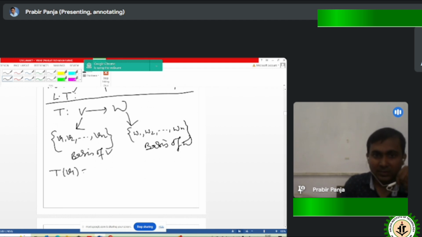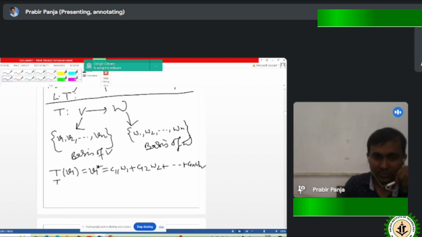Suppose this value under the transformation T becomes V1 star, then we have to write this V1 star as a linear combination of W1 to Wn, that is the basis of W. So we will write V1 star as C11 W1 plus C12 W2 plus up to C1n Wn.